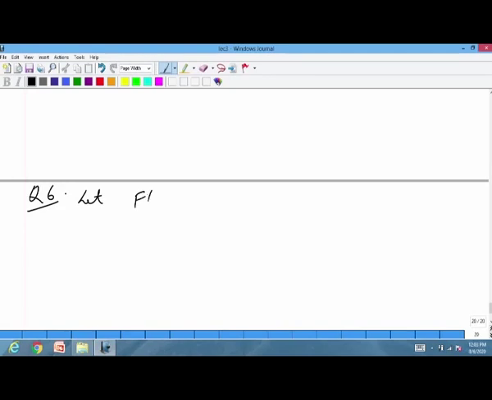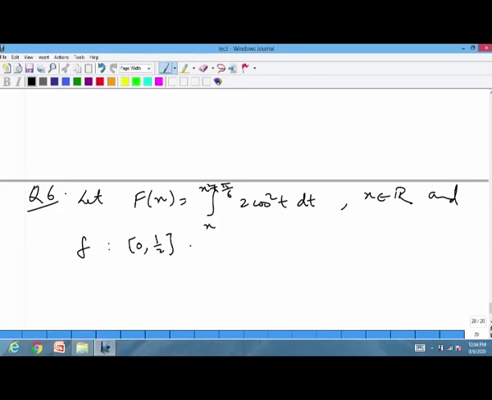Let f x equal to integral x to x square plus pi by 6 of 2 cos square t dt for every real number x, and f from 0 to half to 0 to infinity be a continuous function.